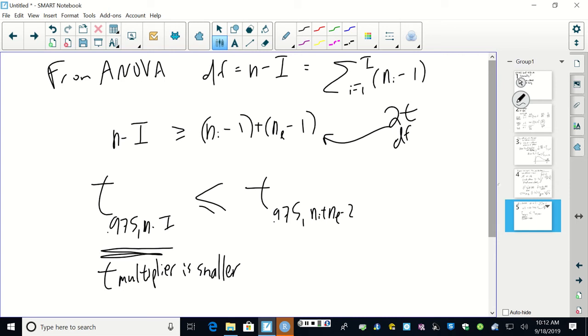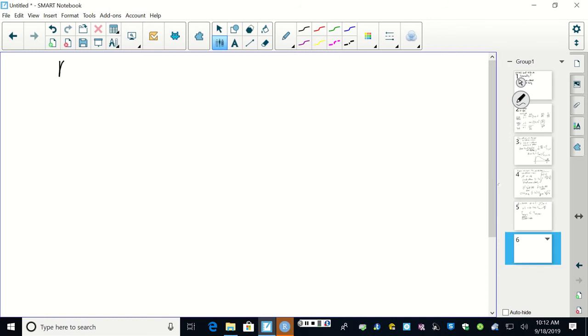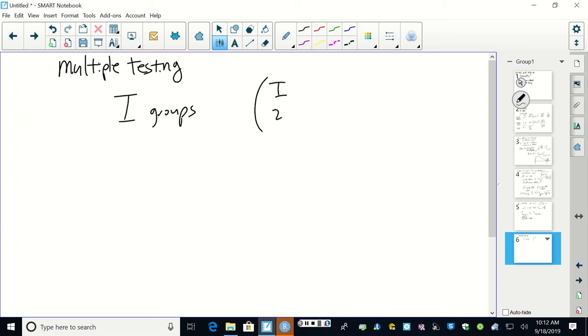But if we're doing a bunch of tests, if we have I groups, we have what's called the multiple testing issue. If we have I groups, there's I choose 2, calculated as I times I minus 1 over 2, pairs of groups.